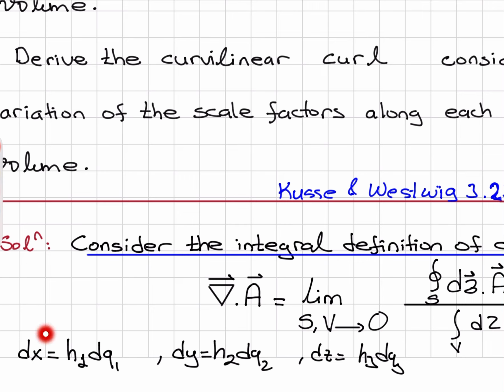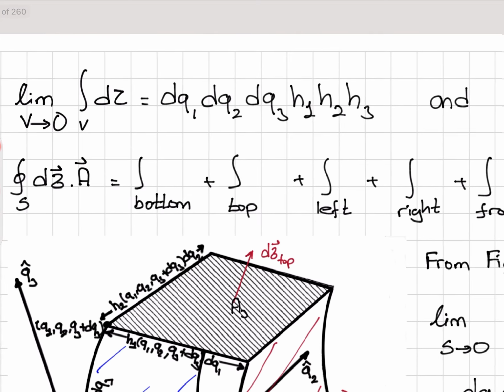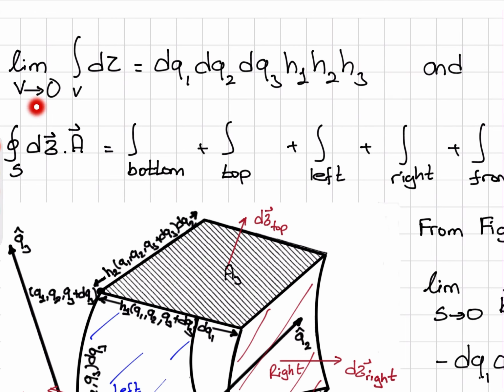So the volume dv or d tau, which is dx dy dz in Cartesian coordinates, would be h1 h2 h3 dq1 dq2 dq3. As v goes to 0, this is the volume defined by these dimensions.